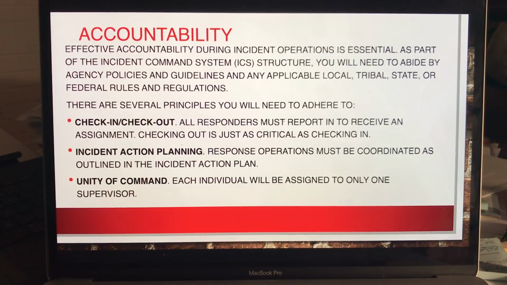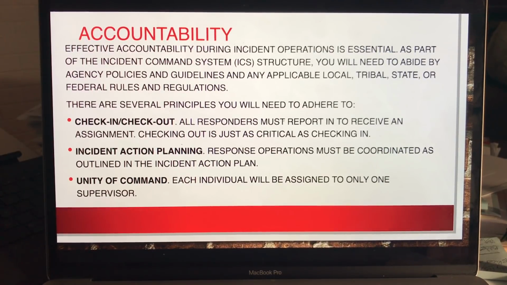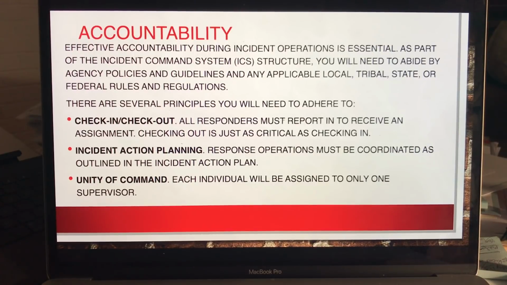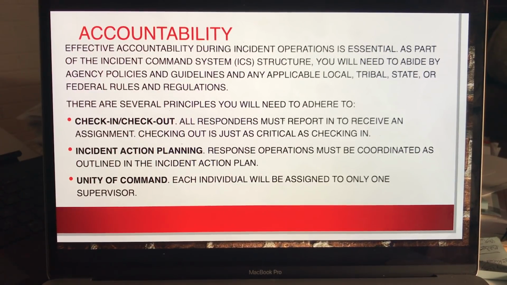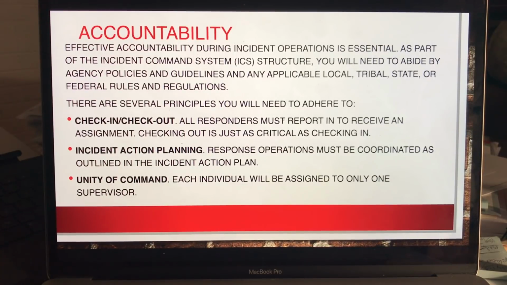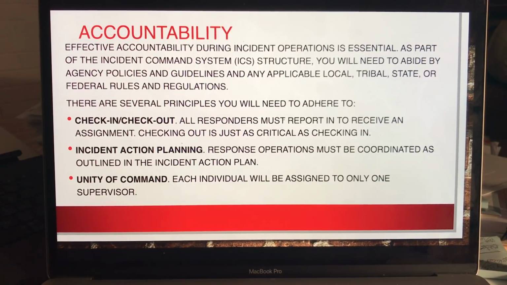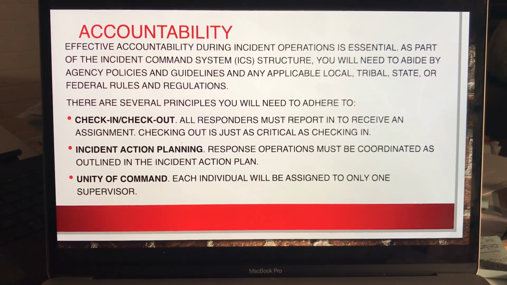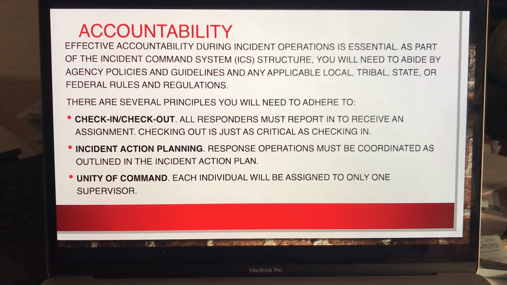Accountability. Effective accountability during incident operations is essential. As part of the incident command system structure, you will need to abide by your agency's policy and guidelines and the applicable local, tribal, state, or federal rules and regulations. There are several principles that you will need to adhere to.